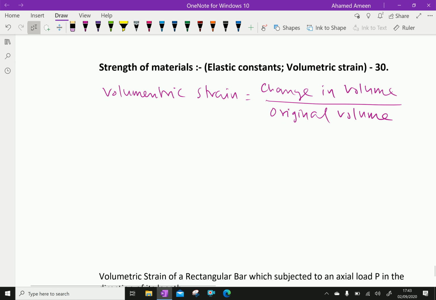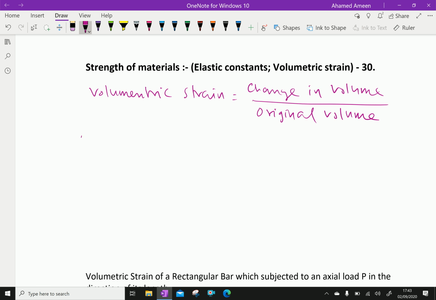Mathematically, volumetric strain EV equals delta V by V, where delta V is change in volume and V is original volume.